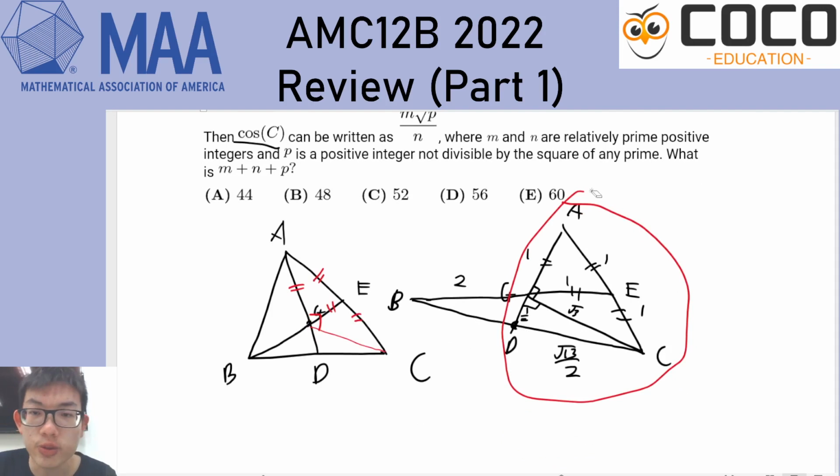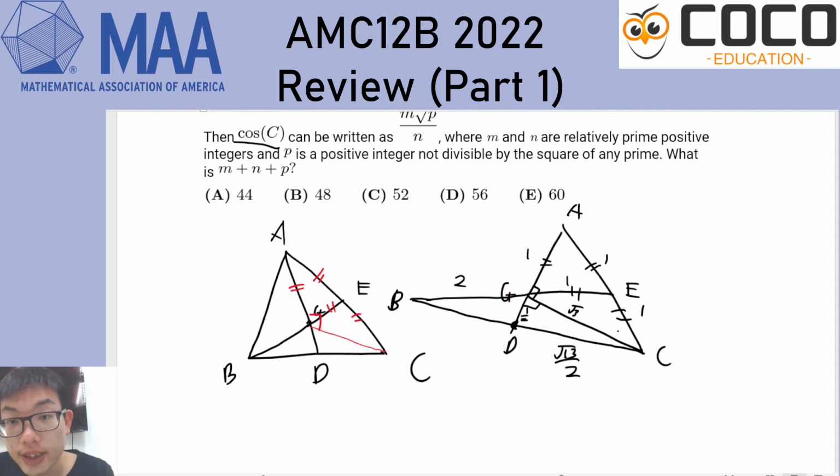Actually, I think I don't need to, because I already know that this is a 30-degree angle. So cosine 30 plus theta makes more sense.